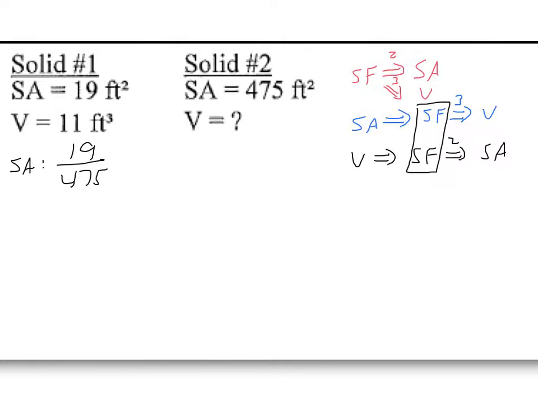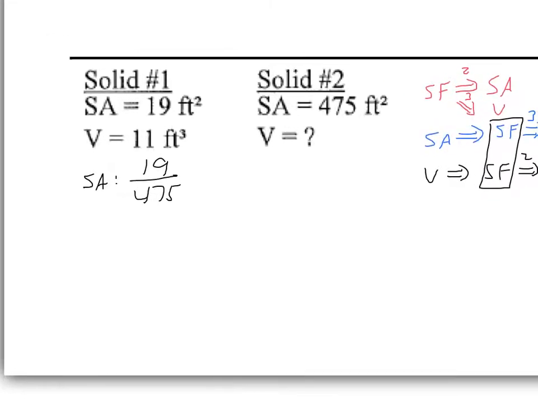You can do everything. But how do you find the scale factor given surface area? Well, here's the neat thing. 19 over 475 is reducible. If I reduce it, I would get 1 over 25. Now I know that the ratio of surface areas is the scale factor squared.